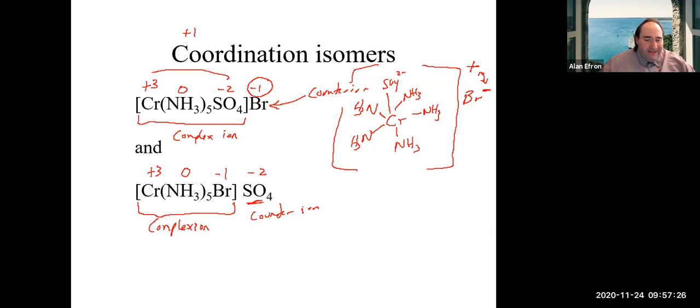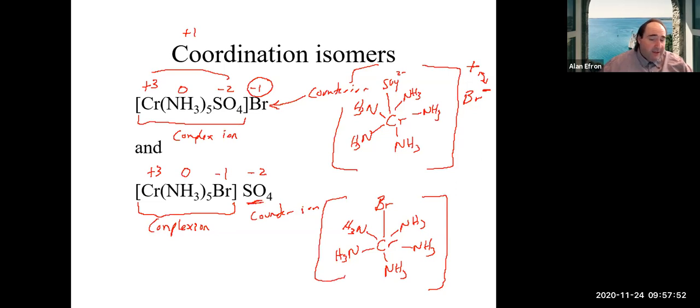The difference here is, in this case, our complex ion is the chromium still attached to our 5 NH3s, and instead of the sulfate being attached, it's actually the bromine. So the bromine is part of our complex ion. The overall charge on this complex ion is +2, since +3 and -1 gives us +2. That is why we have one sulfate here with a -2 charge acting as our counter ion.